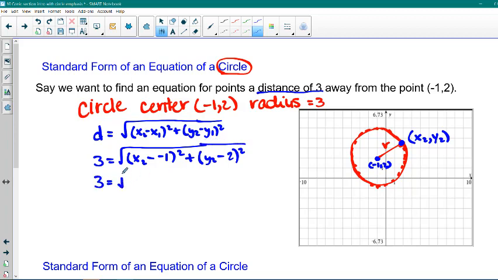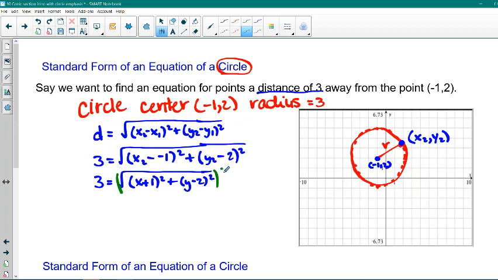I'm going to drop off the sub 2 because we really don't need that. We've got (x plus 1) quantity squared plus (y minus 2) quantity squared. This is an equation for this situation that we were trying to create an equation for, but we don't always like to have that square root on there.